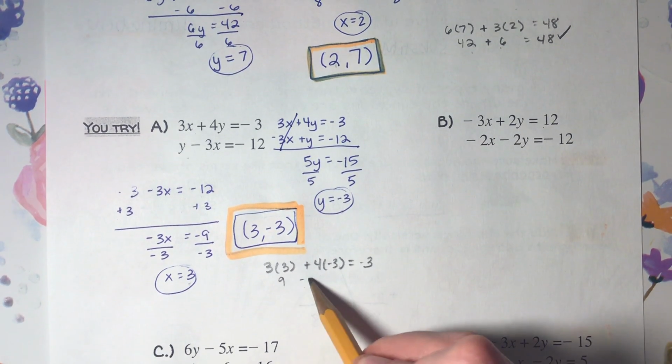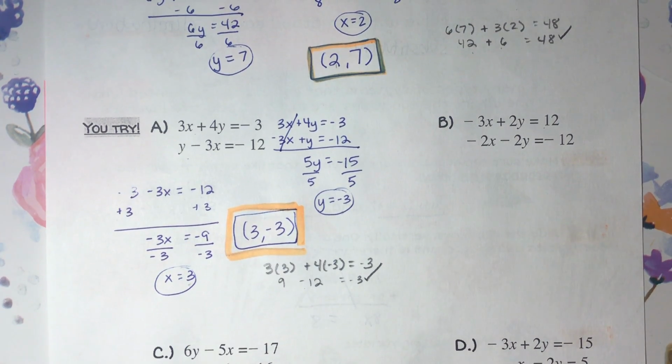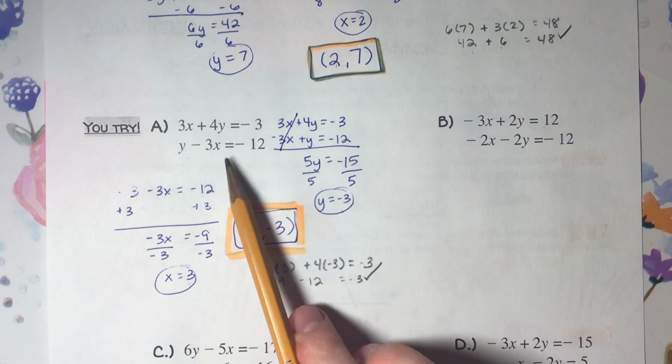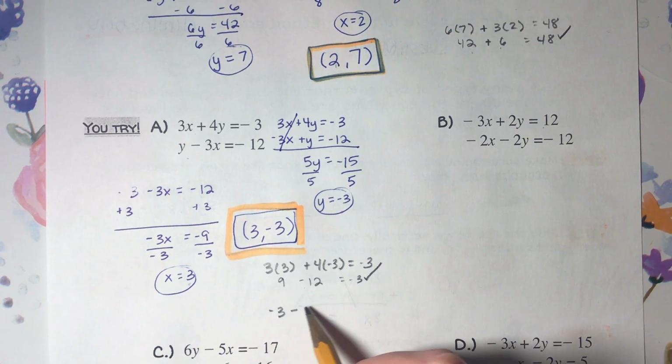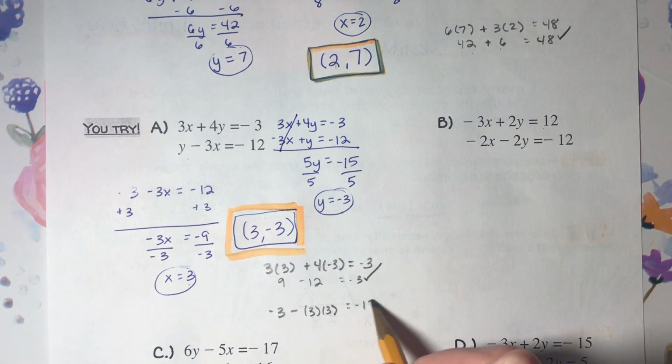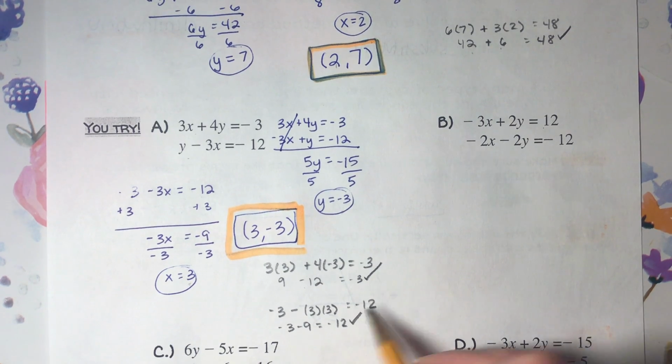That is 9 minus 12. Yes, that works out because 9 minus 12 is in fact negative 3. Let's check the bottom. That gets me negative 3 minus 3 times 3. So that's negative 3 minus 9. Yes, that works out.